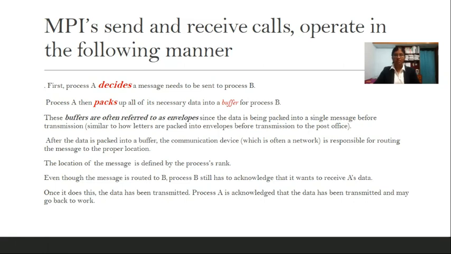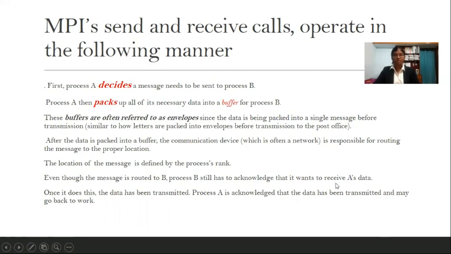Just like all the required letters and receipts are bundled into one envelope when we send it to one recipient, similarly, these buffers contain all the packed data, made into one buffer, and that is sent to the required recipient. So this procedure gives us a detailed workflow of the MPI send and receive calls.